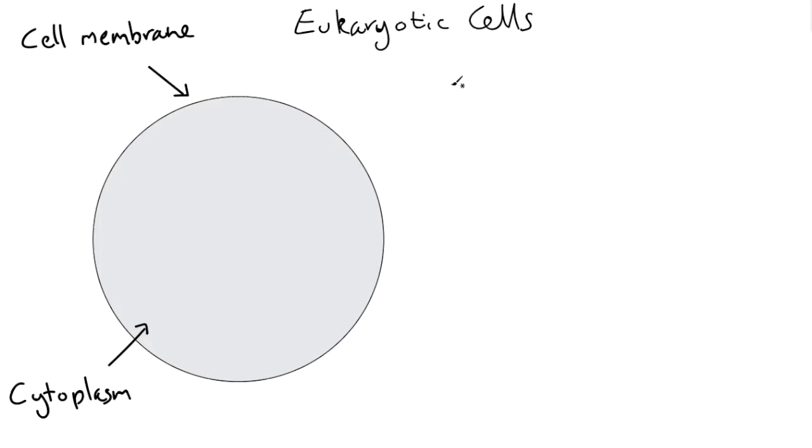As I said before, one of the first important things is the nucleus. Sometimes you just see it in things where it's just a little dot. It's not just a little dot.